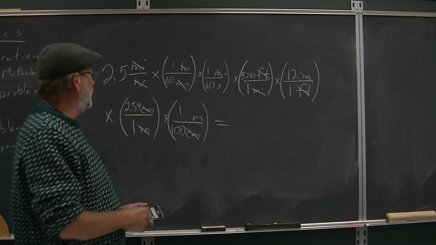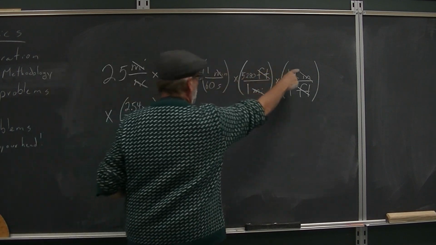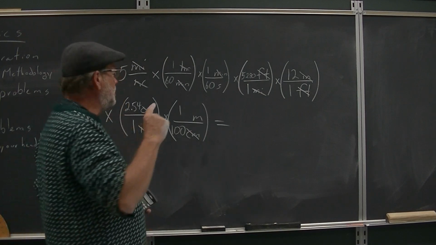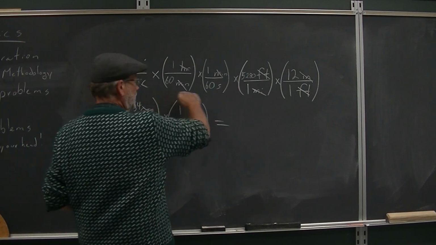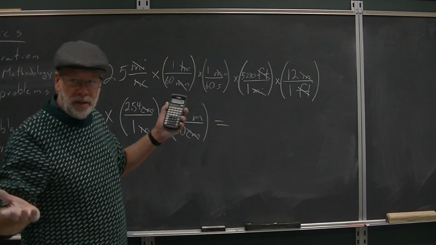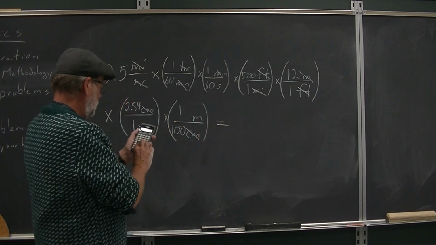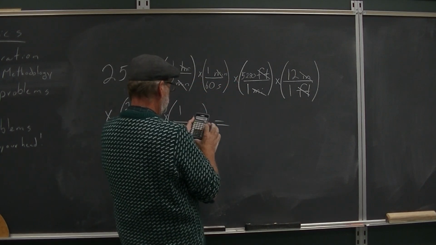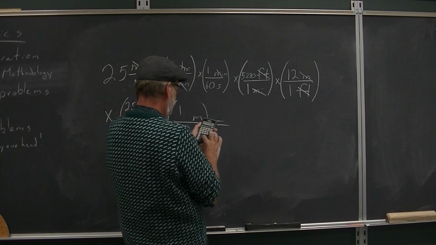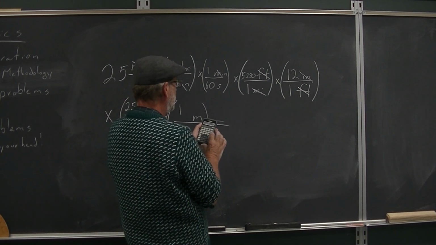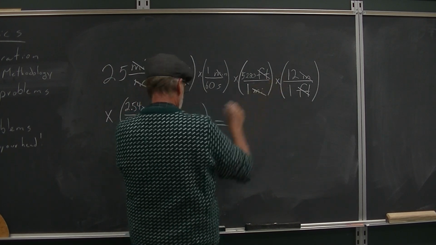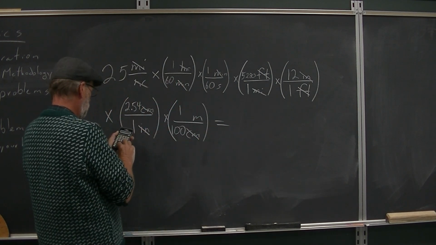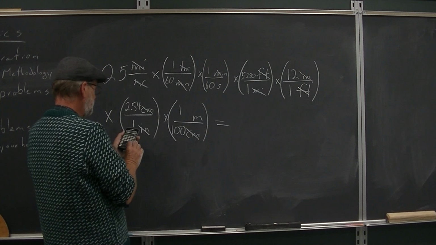On your calculator, you are going to multiply all the numbers you have on the top. Then you are going to divide over and over again by every number you have on the bottom. Skip the ones because that doesn't change anything. So 25 times 5,280 times 12 times 2.54. Press equals.